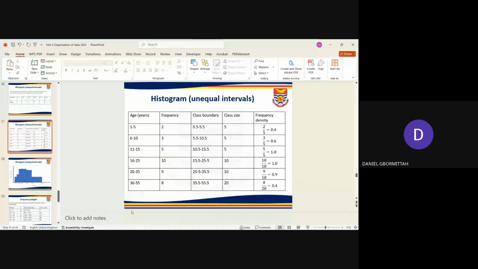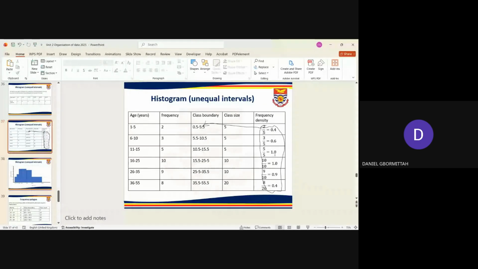What we want to do is come out with a histogram with unequal class intervals. If you are able to come out with the various frequency densities, then we are going to match them against the class boundaries to plot our histogram with unequal class intervals.